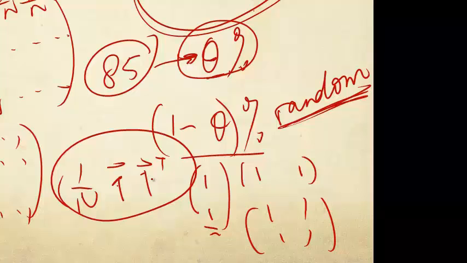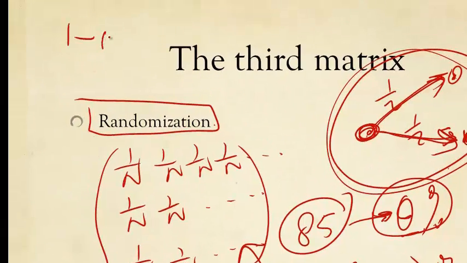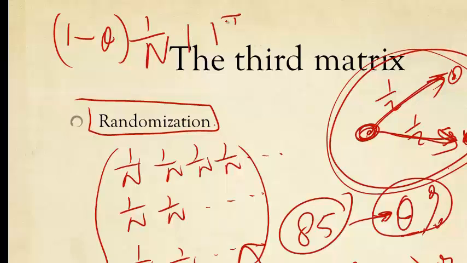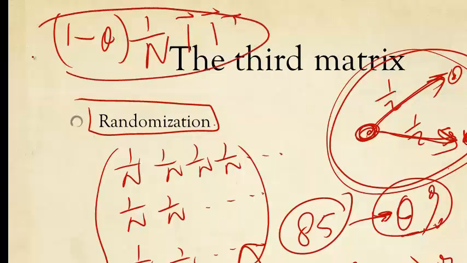So a column vector of 1s outer product with a row vector of 1s, normalized by 1 over n, is exactly what we want. So the third matrix is simply 1 minus theta times the normalization 1 over n and this matrix of all 1s, the vector 1 outer product with vector 1.